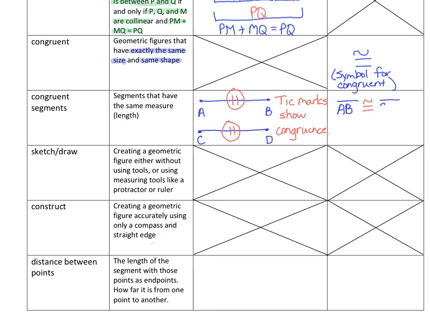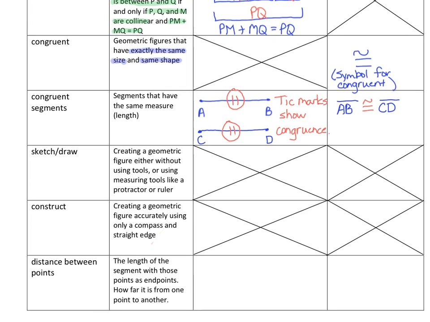When you're writing a congruence statement like this, the order of the endpoints does matter. You want the order to be the same in both of the segments that you've named. That's called a congruence statement.